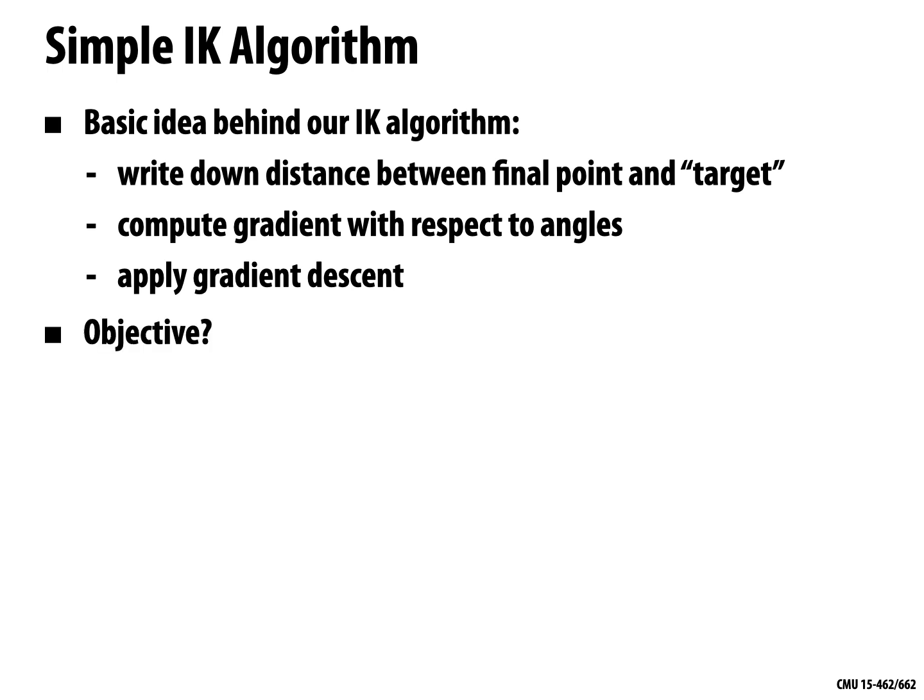What is the objective that we use in this case? All right, what would be a simple objective? Well, let's say that for endpoint Pn, we want it to get as close as possible to a given point Pn tilde.